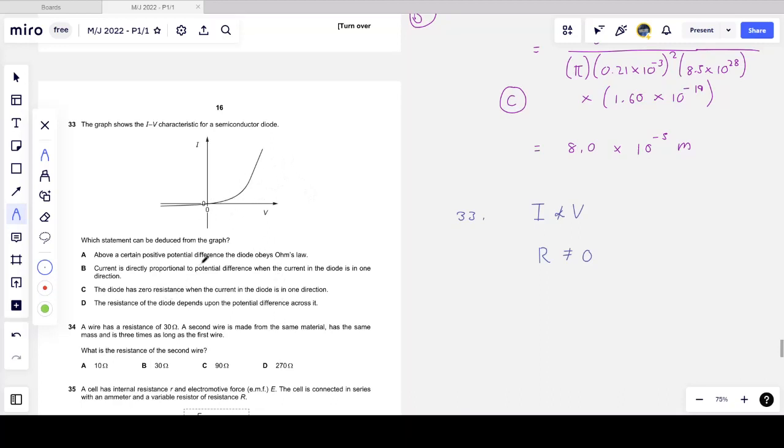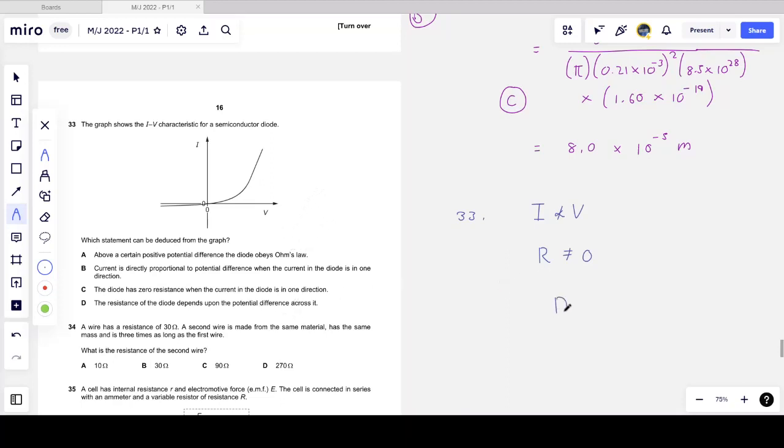But what we can tell is the resistance of the diode depends on the potential difference across it. So the resistance, or the current at least, changes as the voltage increases. That's kind of obvious. The potential difference across the diode does determine the resistance of the diode, and that's basically what diodes do.